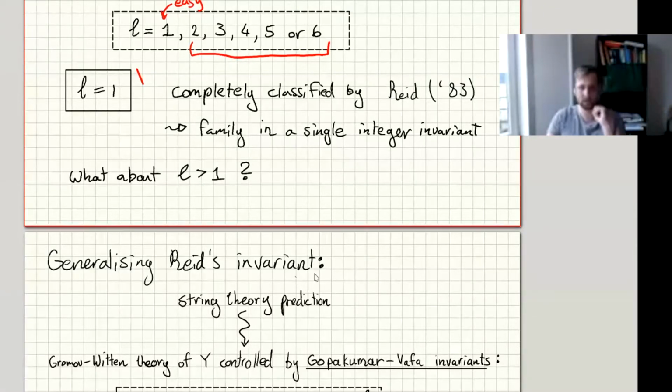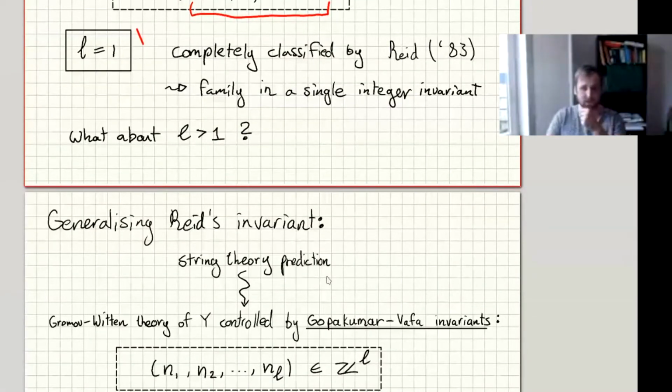These are called Gopakumar-Vafa invariants. So the story goes that the Gromov-Witten theory of Y, so the curve counting of the space, is controlled by a finite number of integer invariants.